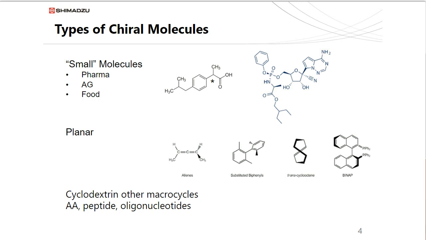These molecules typically have some sort of structural constraint that holds them into a spatial orientation where, although they're identical, they still cannot be superimposed. So they can only be symmetrical through a mirror image. We can also see different molecules: macrocyclic molecules, cyclodextrins, amino acids, peptides, oligonucleotides. For the remainder of this talk, we're going to really focus on small molecules.